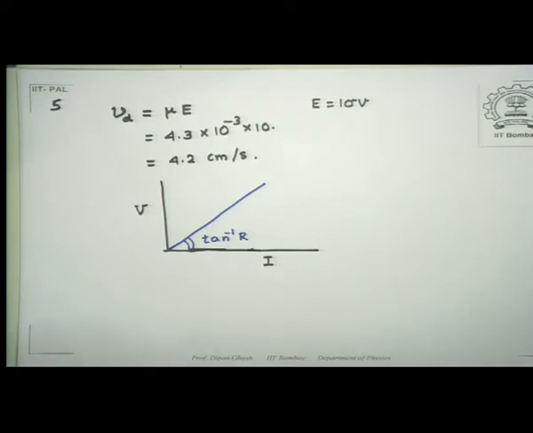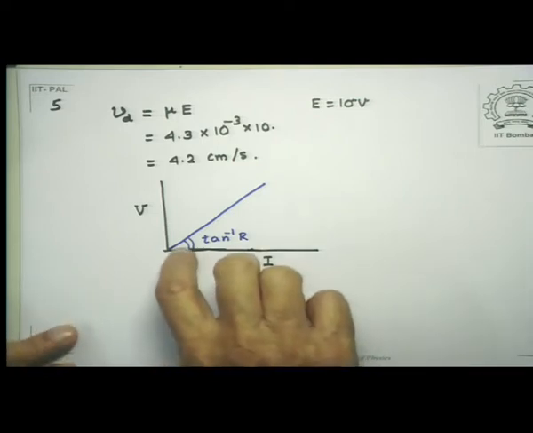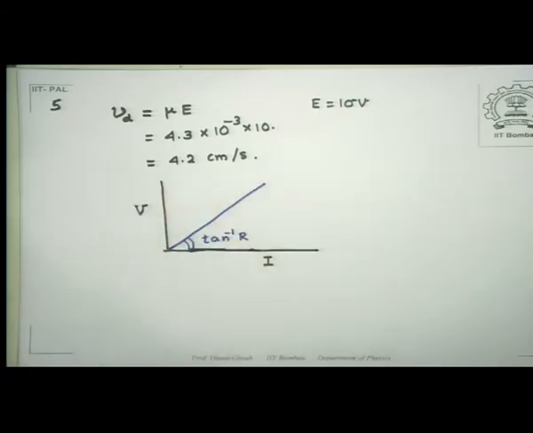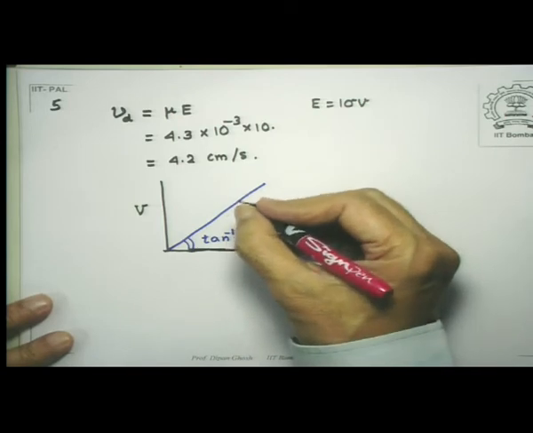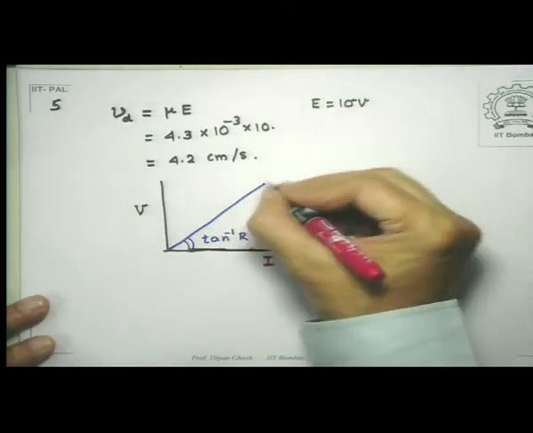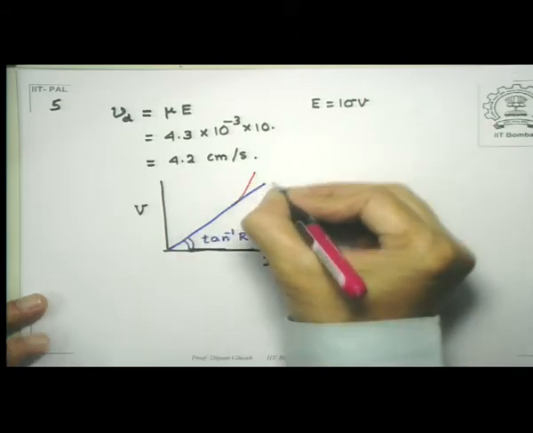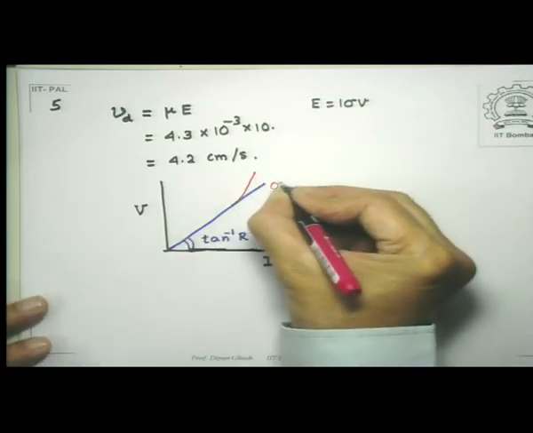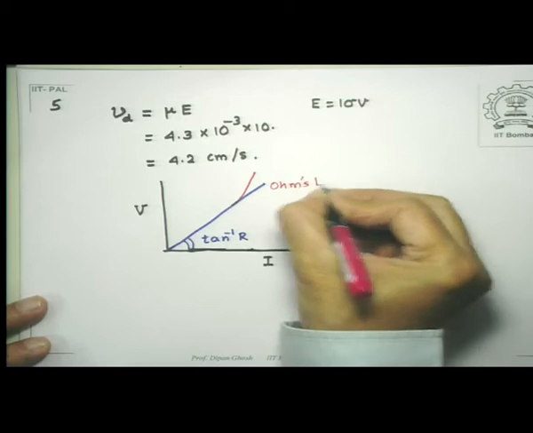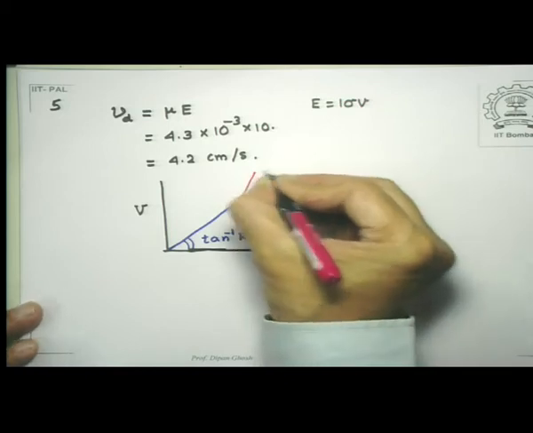Most of the time, this relationship will have some deviation from linearity, particularly in this region. So this is Ohm's law, and this is deviation from linearity.